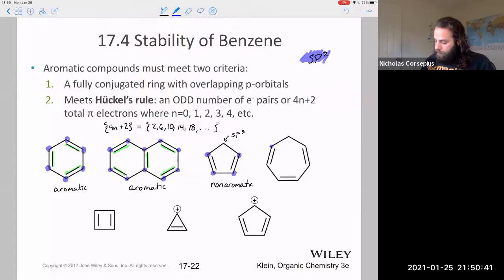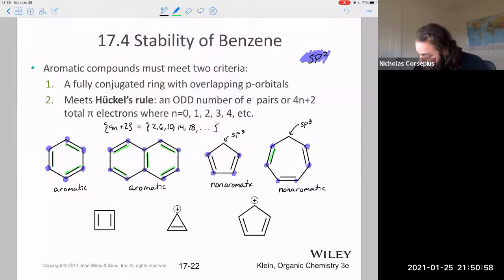Same thing over here in this example. Although all these guys are sp2 hybridized, I have this one in the ring that's sp3 hybridized, messing it up. So this is non-aromatic. Just to note, these bonds are still conjugated. Going back to what we learned last time, this is certainly an example of a conjugated diene.